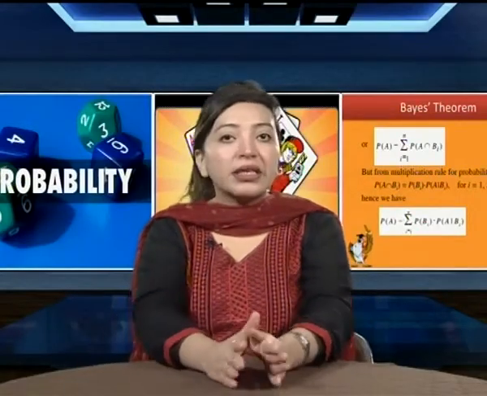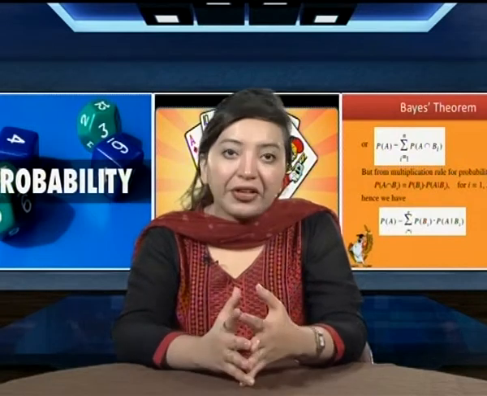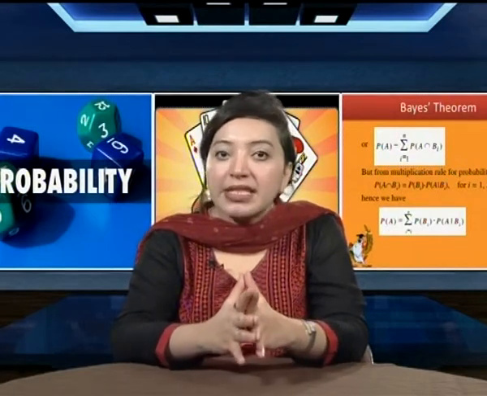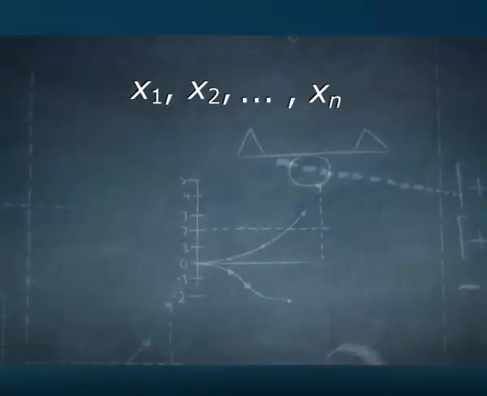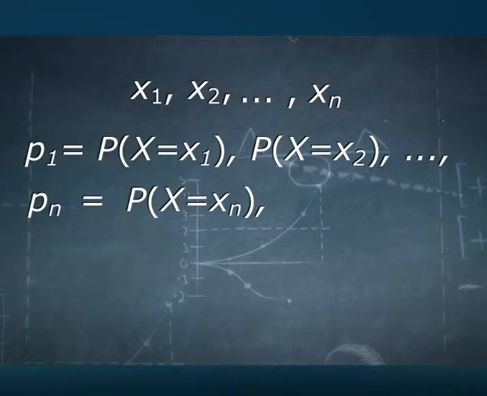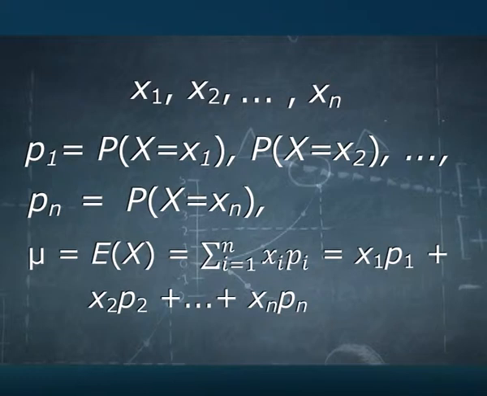Let us see the next one, that is, mathematical expectation. If capital X is a discrete random variable which can assume values x1, x2, and so on up to xn with the associated probabilities p1 equals the probability of X equal to x1, p2 equals the probability of X equal to x2, and so on, pn equals the probability of X equal to xn, then the expected value or the expectation of X, denoted by mu or E of X, is defined as mu equals the expected value of X, which is equal to the sum from i equals 1 to n of xi times pi.